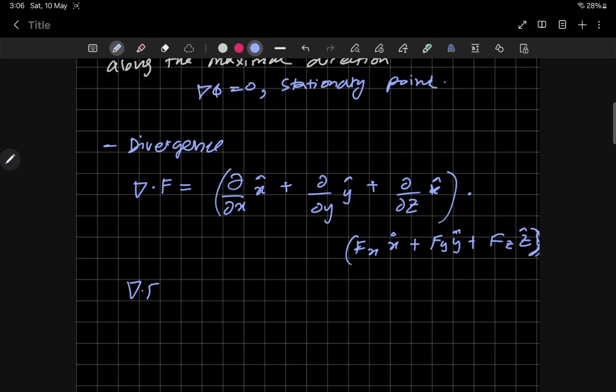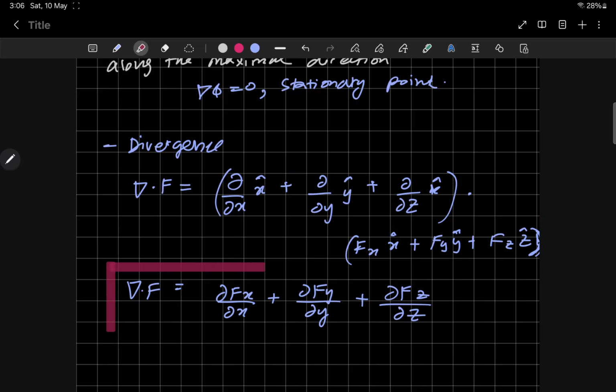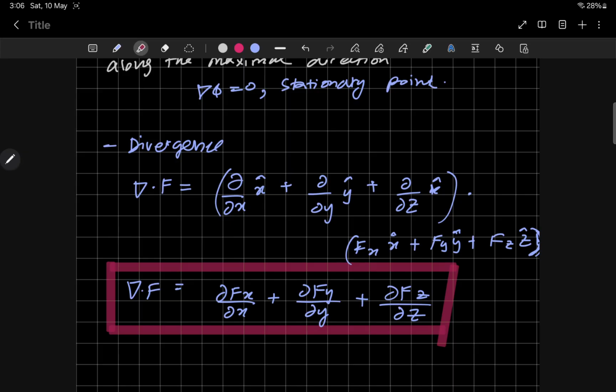So once you dot it, it will become the following, and this is divergence.